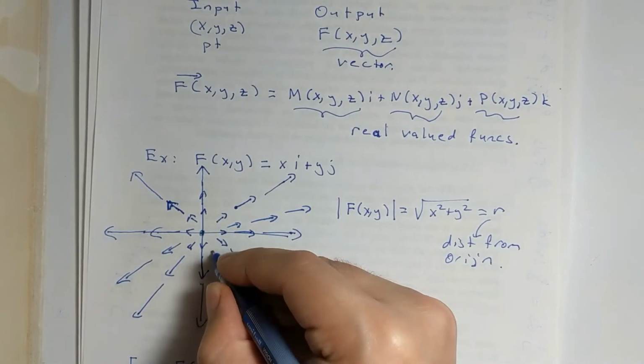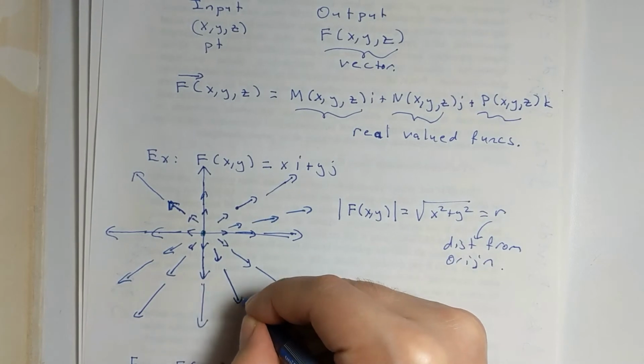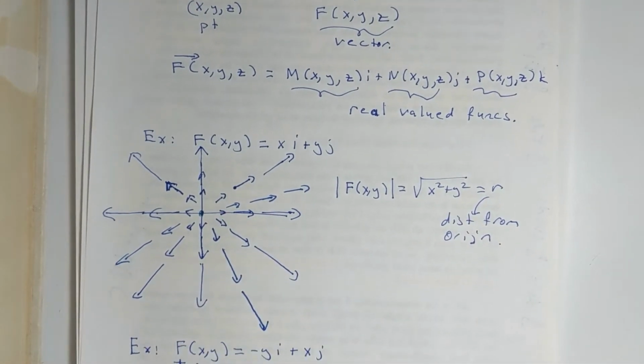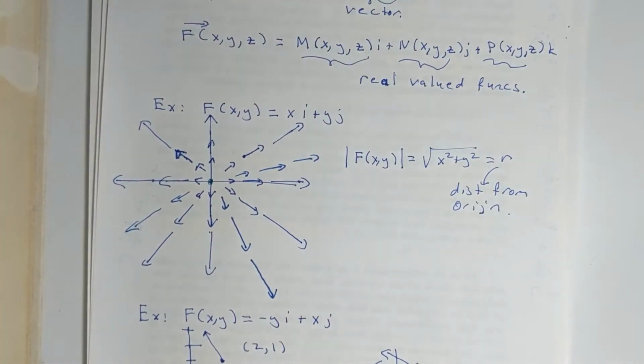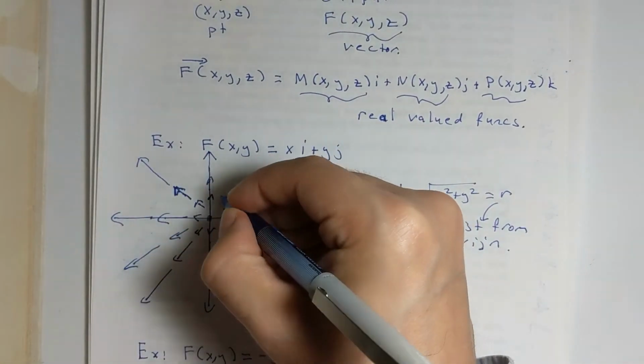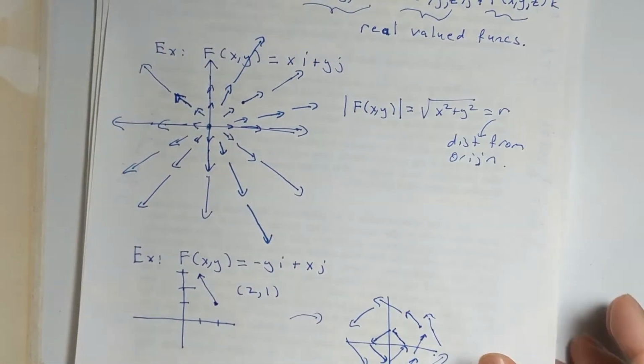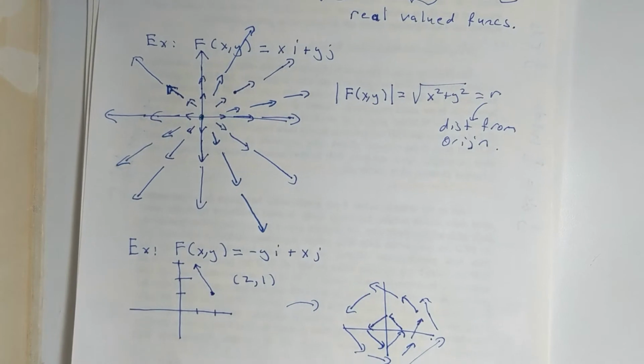That's going to be our vector field. So it's going to go like this. This is a nice looking vector field. We can do more arrows, of course, a whole bunch of arrows in that picture.